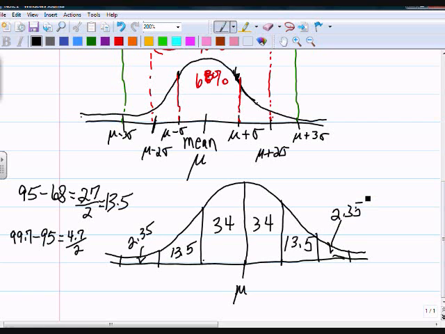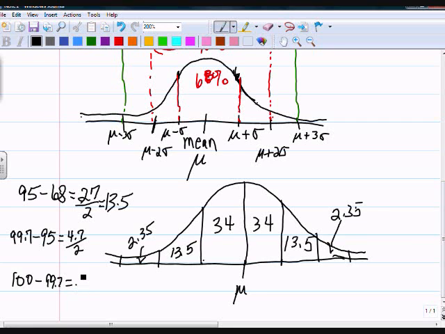How much do I have left in the tails there? How much do I have left from here to negative infinity and here to positive infinity? So I take 100 and I subtract 99.7 and get how much? No, I take 100 and I subtract off 99.7.